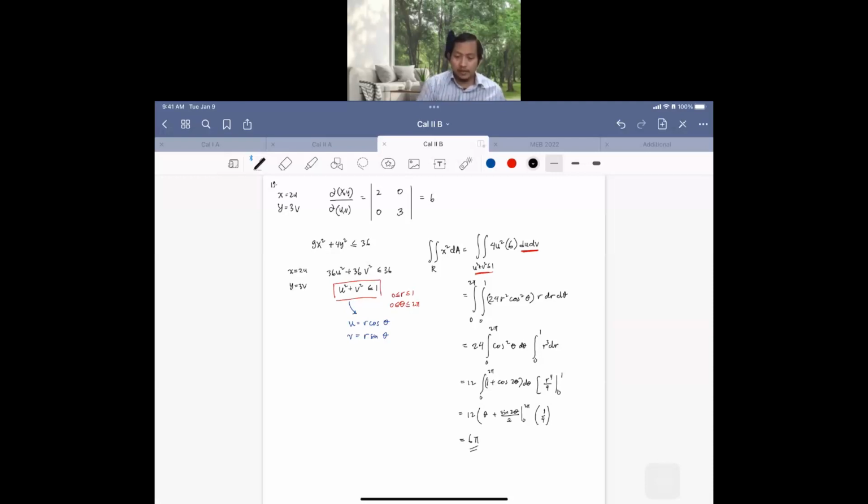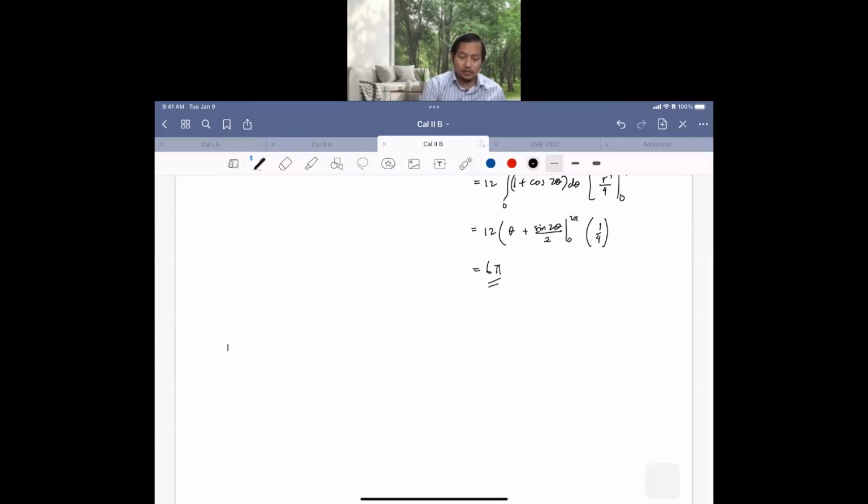The finals will include chapters 12 to 15, but more on chapters 14 and 15, which will be the majority. Chapters 12 and 13 are minor. Since we have a lot of content and we would have more discussion on 14 and 15, I would expect that you have some specific topics that you want to discuss more.